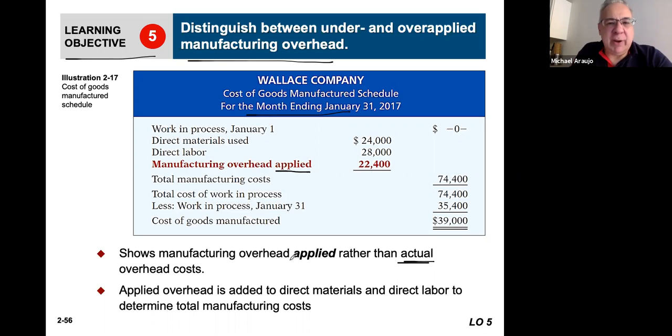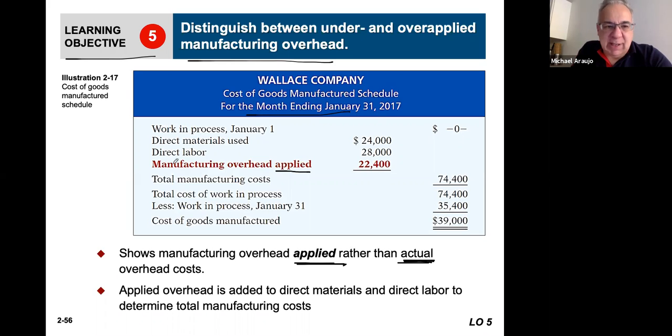Remember, predetermined overhead rate allows us to allocate based on an estimate that we do at the beginning of the year. But at the end of the year, end of a period, we can go back and check how good our estimate was. Okay. And so we're looking at the difference between what we have assumed, which is the applied, versus how much it actually cost us in overhead.